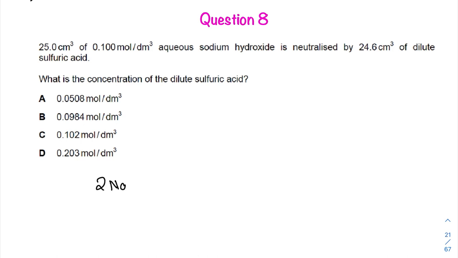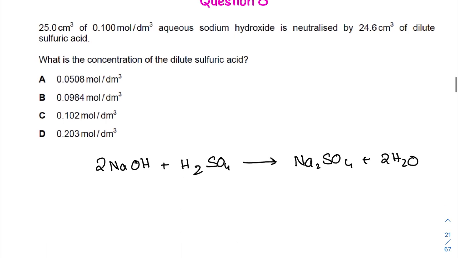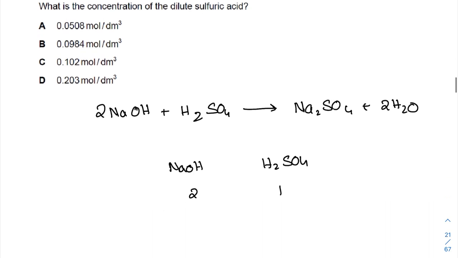First of all, I'm going to write the balanced equation. 2NaOH plus H2SO4 gives Na2SO4 plus 2H2O. So this is the balanced equation. For the mole ratio of NaOH to H2SO4, it is 2:1, 2 moles. So I have to find the moles for NaOH.